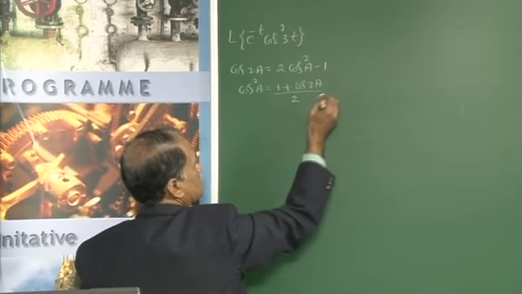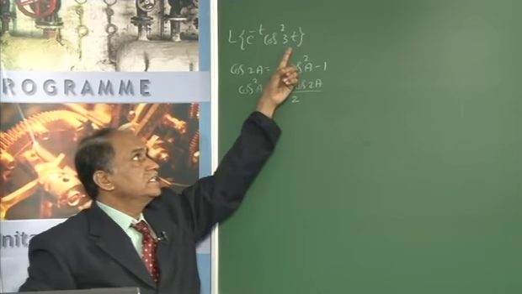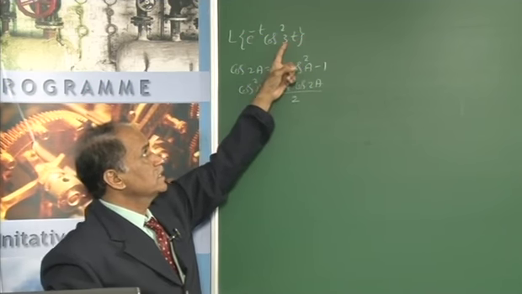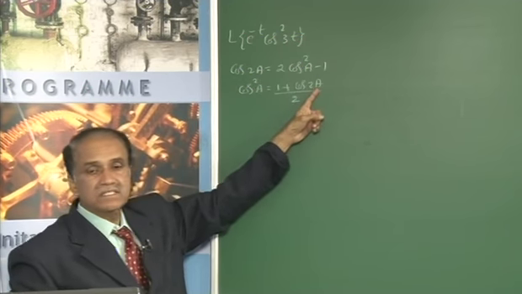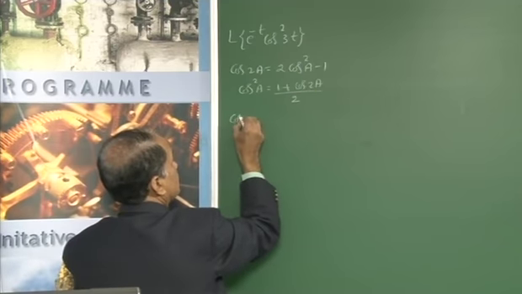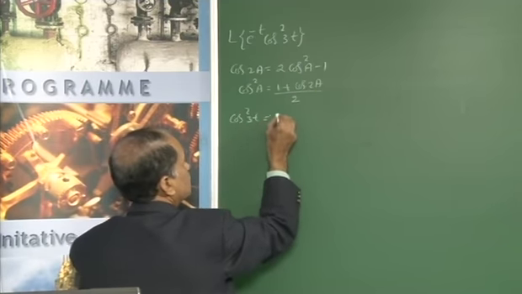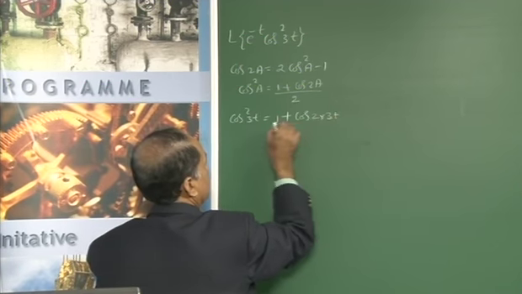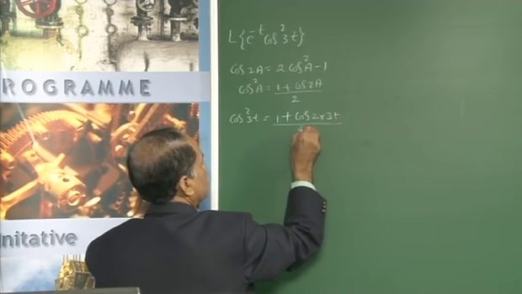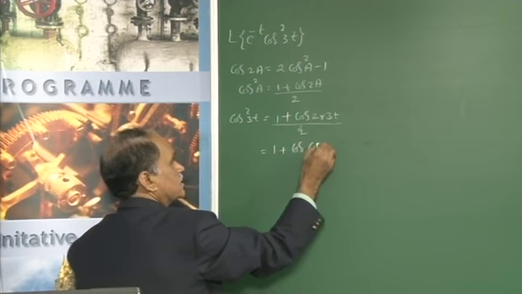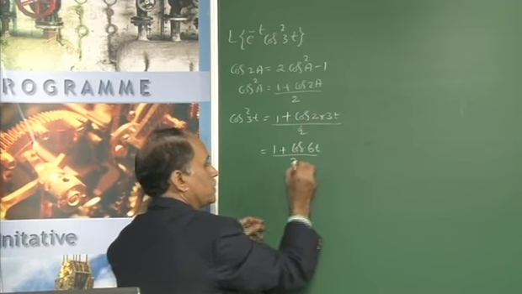In this case 3t is there, so in place of a you have to replace this capital A by 3t. As a result, cos square 3t is equal to 1 plus cos of 2 into 3t, whole divided by 2. This becomes 1 plus cos of 6t divided by 2.